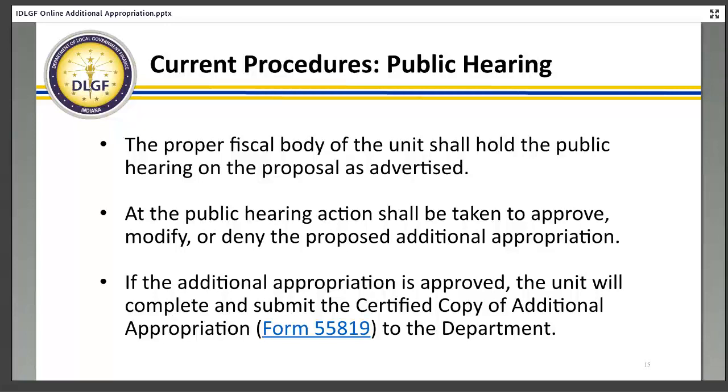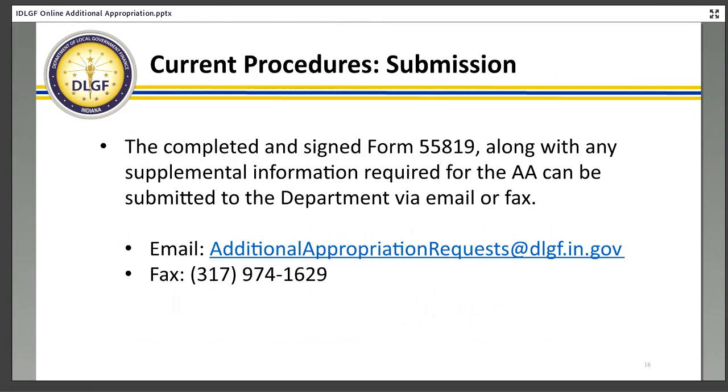Today we're not going to do a deep dive into that particular form, but the department has posted a memo on our website that goes through that form line by line, identifying what is expected to be included on that line, where that can be found, how it's going to be calculated, and how that will be used to make the determination of whether or not the additional appropriation can be approved by the department. The certified copy is split between 4 sections and 22 lines of data.